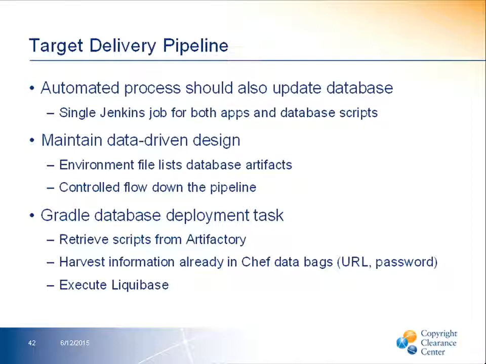So we use the environment file to list out the database artifacts that apply. And so each time the version of that app gets to an environment for the first time with that database artifact, you can update the environment file. And that maintains both the data-driven aspect and the controlled flow down the pipeline.